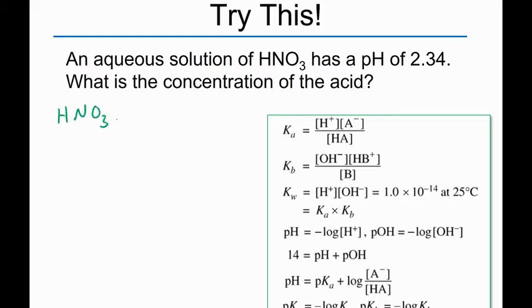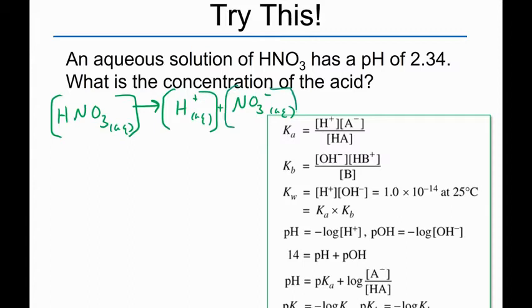Being that nitric acid is a strong acid, it is going to completely dissociate into H plus ions and nitrate ions. And so the concentration of my acid also becomes the concentration of both of my ions because it's a 1-to-1-to-1 ratio. So the question is, what is the concentration of the acid?